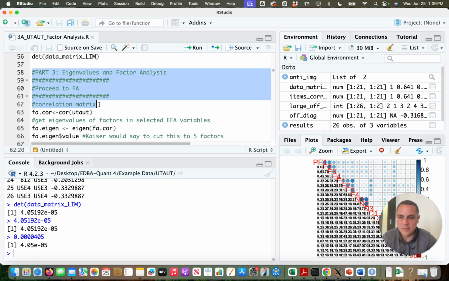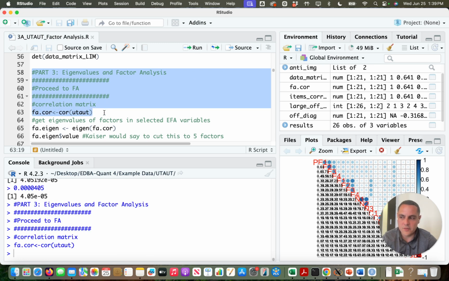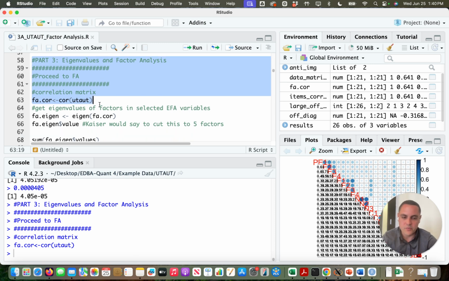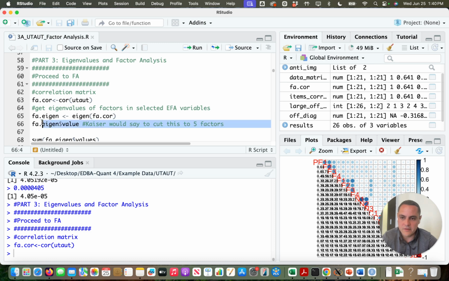Again, we can save a correlation matrix, and then we can do that. And you have that object there. I might have some redundant correlation matrices. That's okay. And you'll use this eigen function to get what are referred to as eigenvalues.